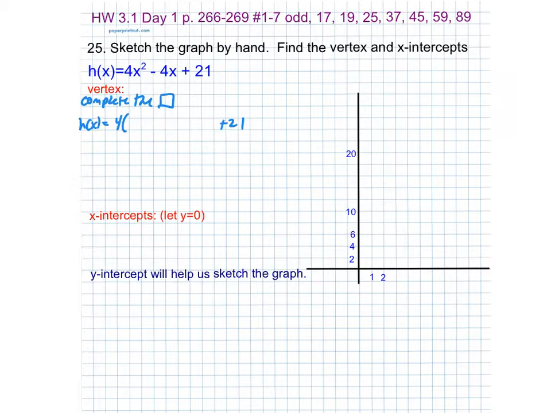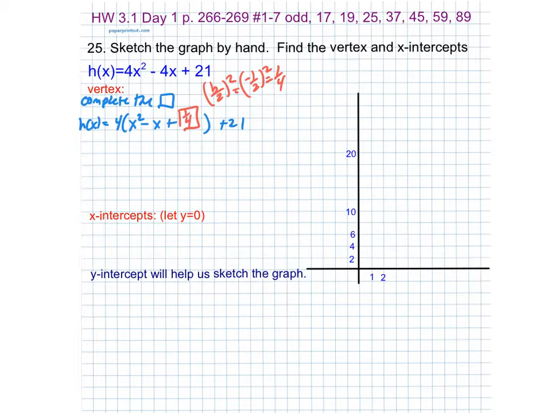So I'm going to have 4 times x squared minus x, and then plus a constant that will make the expression in the parentheses a perfect square trinomial. That is b over 2 squared, which here is negative 1 over 2 squared, which is 1/4. So I'm going to add 1/4 inside the parentheses.